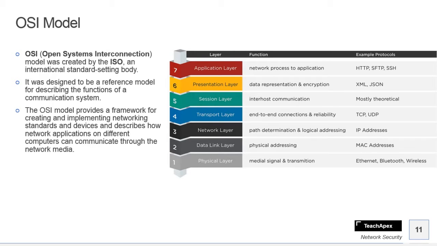That's why we use protocols like ARP and RARP, Address Resolution Protocol and Reverse Address Resolution Protocol, to translate logical addresses into physical addresses or physical addresses into logical addresses, so that two systems residing in different networks can communicate efficiently.